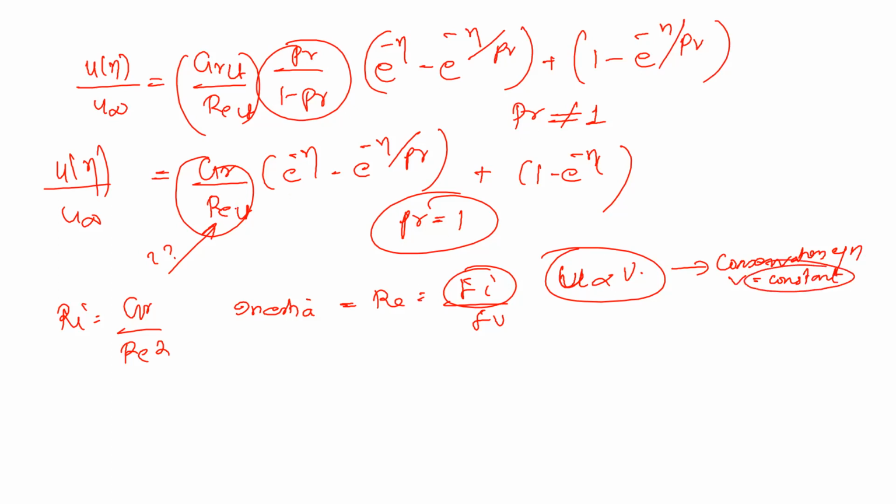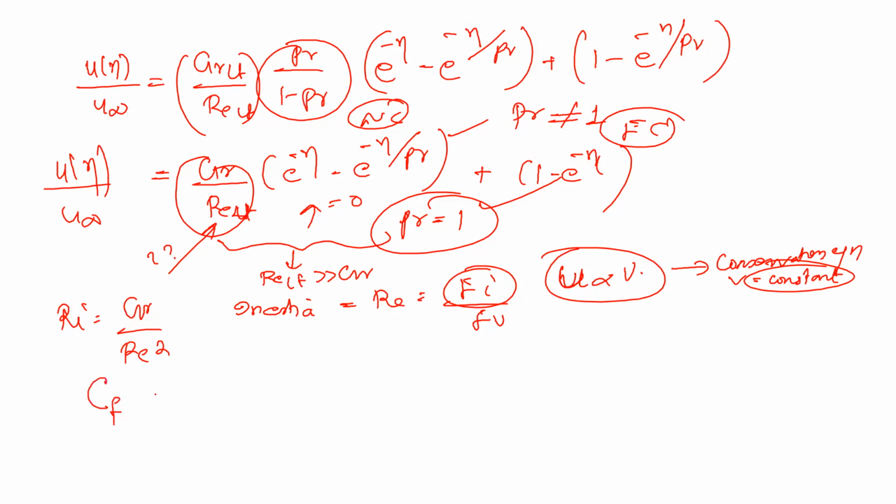That's why it's not Re square, it's Re_LT. Also, we can see the first term is existing. If Re_LT is very much greater than the Grashof number, then this goes to 0 and only this term exists. So you have to understand that part also. This is due to natural convection. This is due to forced convection.